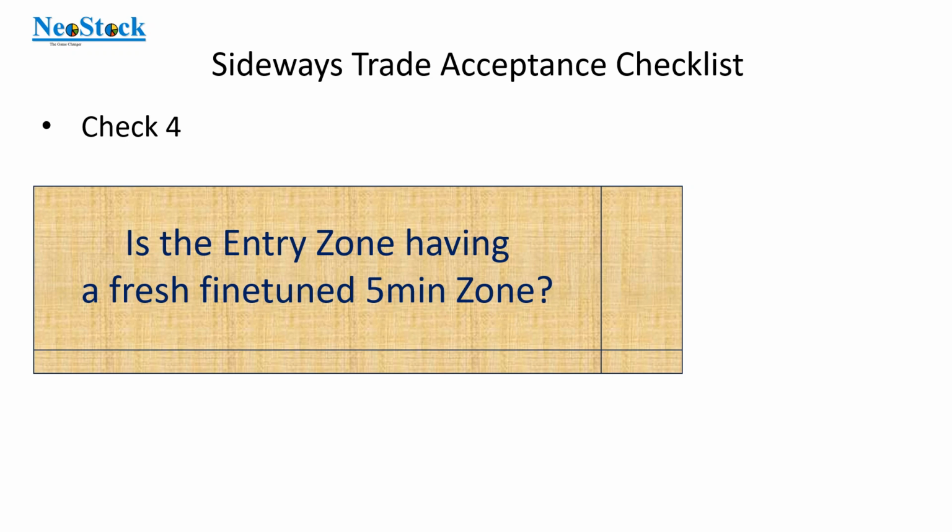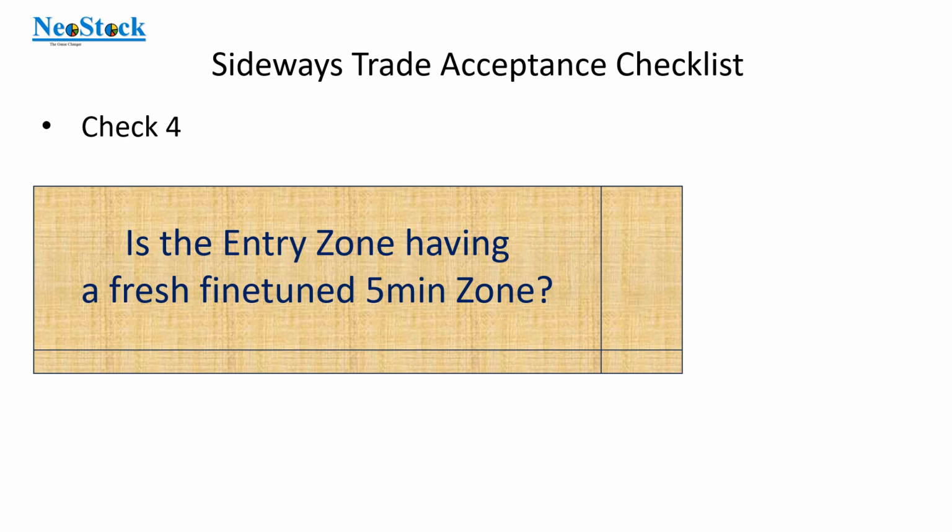But still we need to find whether a zone has a fresh fine-tuned 5-minute zone to confirm whether the zone has chances of zone violation or not, I mean higher chances. If a zone has a fresh fine-tuned 5-minute zone, I repeat, there are higher chances of getting success. I'm not saying the zone will always give 100% success. Higher chances are there.